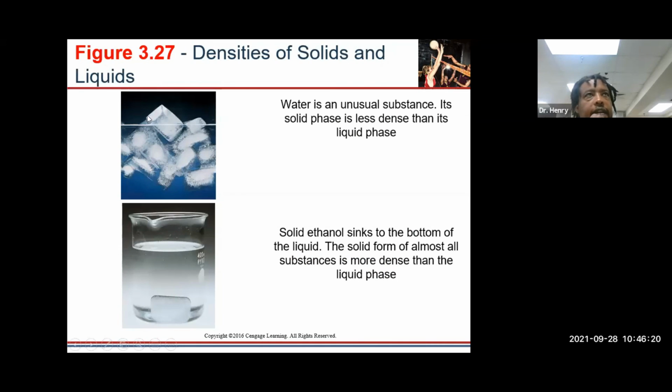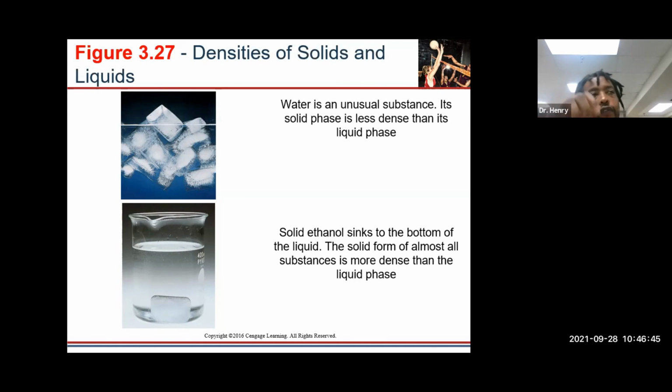So here, this is basically showing us that ice floats on water, where in the case of if we freeze ethanol, do you guys know what ethanol is? Anyone? Ethanol is an alcohol. It's actually drinking alcohol. It is the alcohol component in whiskey, the alcohol component in vodka.